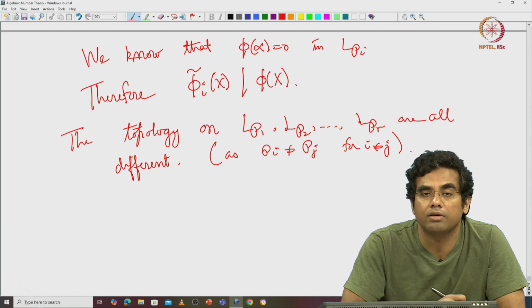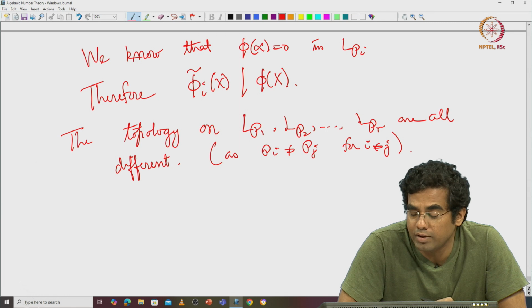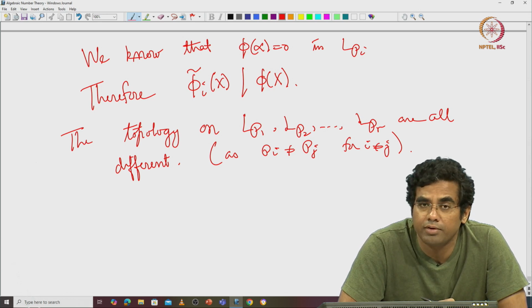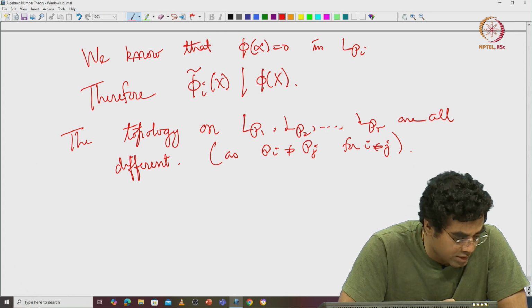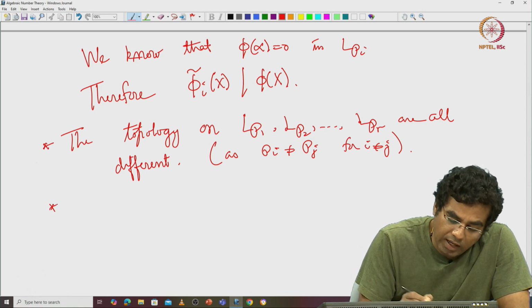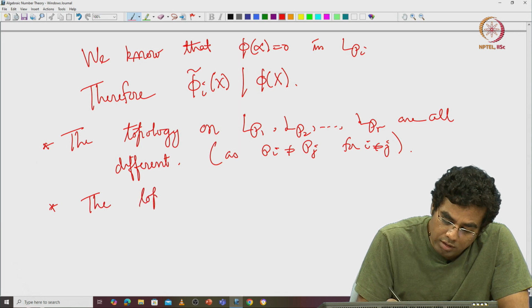This is something that we proved: if you take the valuation on a local field, it is given by some prime, and the prime is uniquely determined. So, all these primes are different, therefore the valuations are inequivalent, and therefore the topologies are different, right.